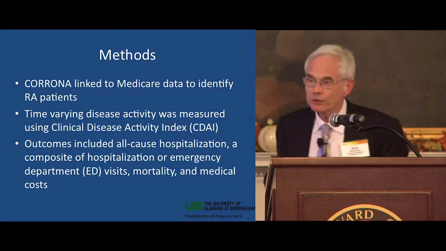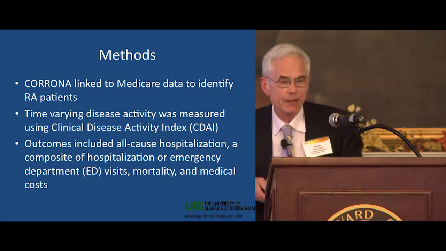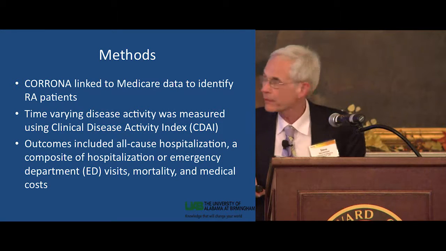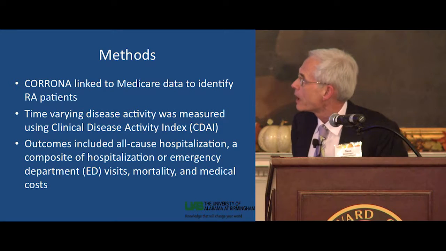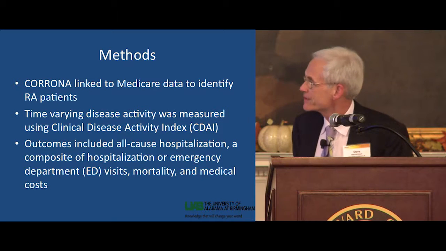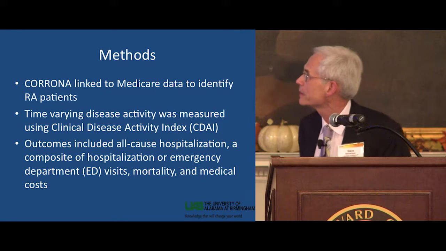So they had CORRONA data. They were able to link it to Medicare data to establish some people in Medicare who really had arthritis. They were able to measure disease activity using the Clinical Disease Activity Index.